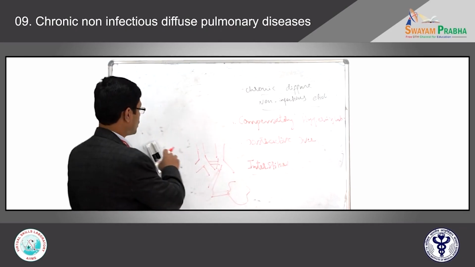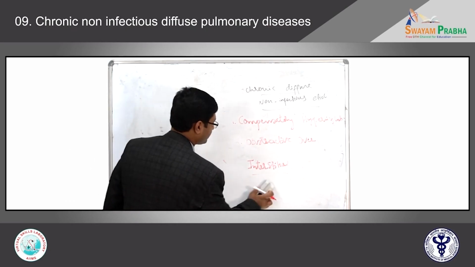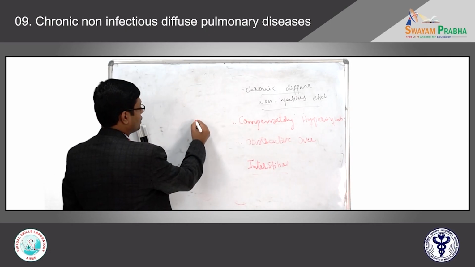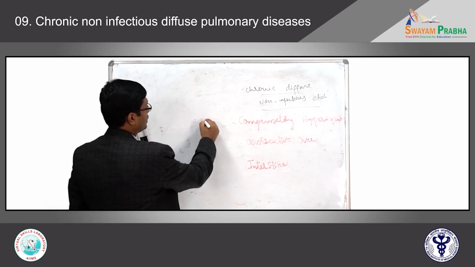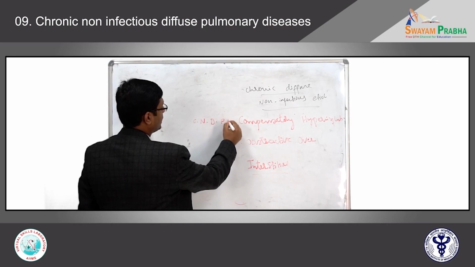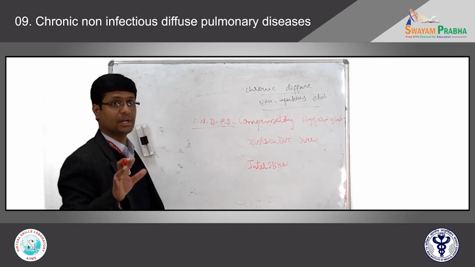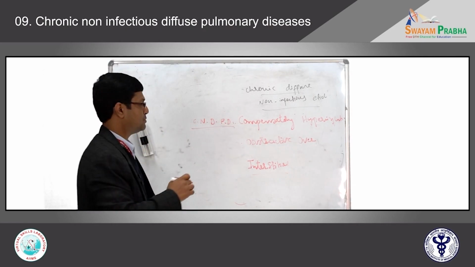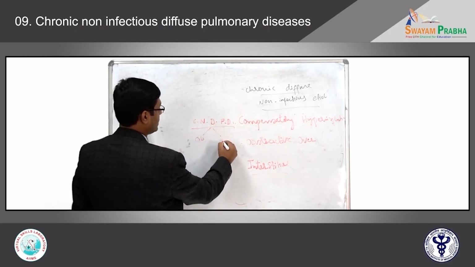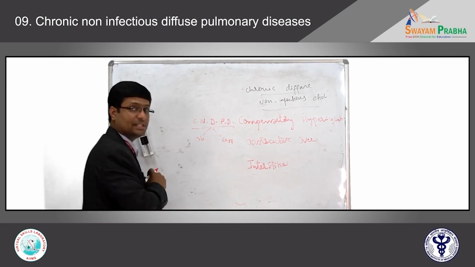So today we spoke about emphysema. What did we learn in today's class? We saw chronic, non-infectious, diffuse pulmonary diseases. It is a broad category. Depending on the respiratory physiology, it is divided into obstructive and restrictive lung diseases.